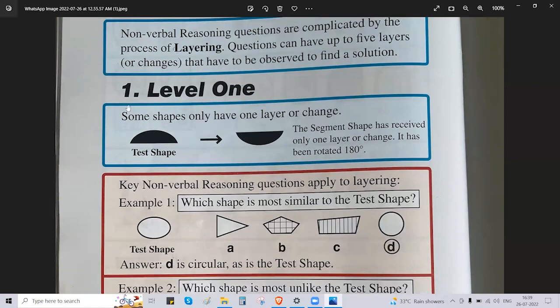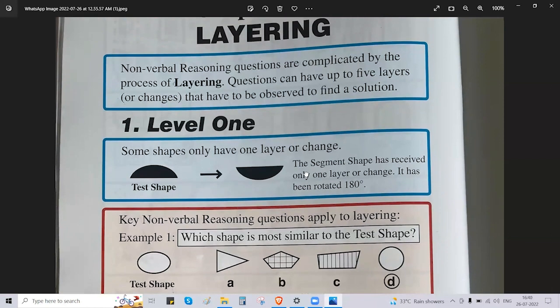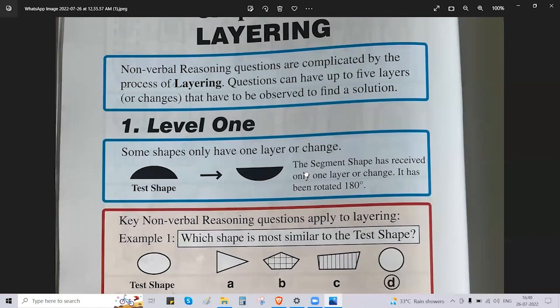So here is level 1. What is meant by level 1? I think there's only one change. Exactly. Some shapes only have one layer or one change. For example, what change do you see in this shape and in this shape?